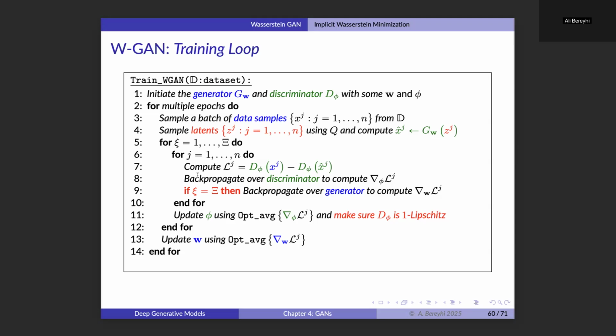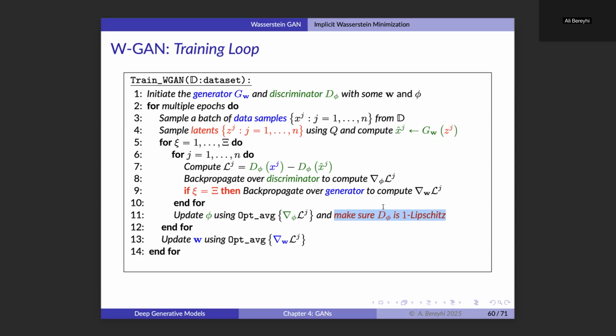And then we discussed why we are doing it, because we want the inner loop to converge roughly, and then we do one update in the outer loop, right? So that was the idea here. The only key difference that we have here is that we need to make sure every time we update this phi, this discriminator is still one Lipschitz, right?